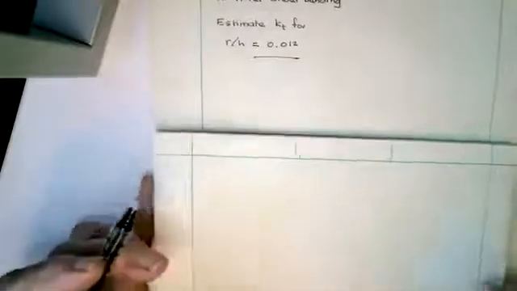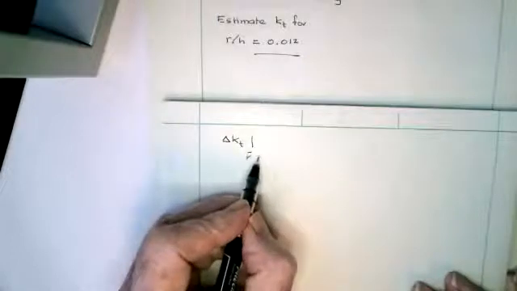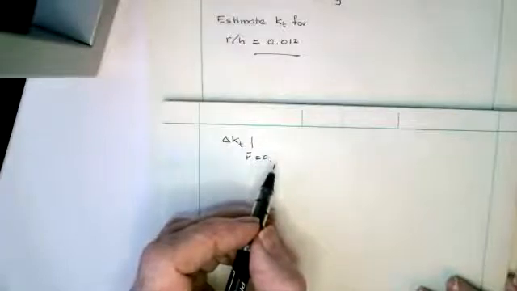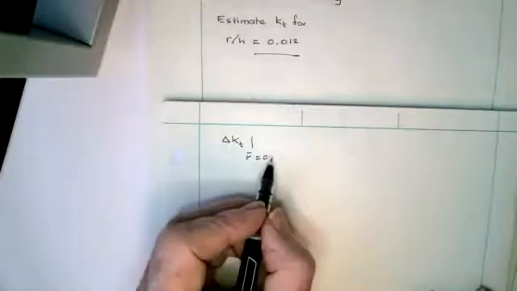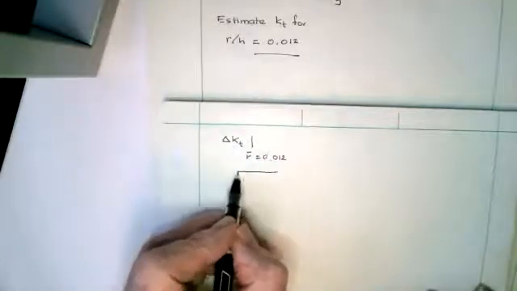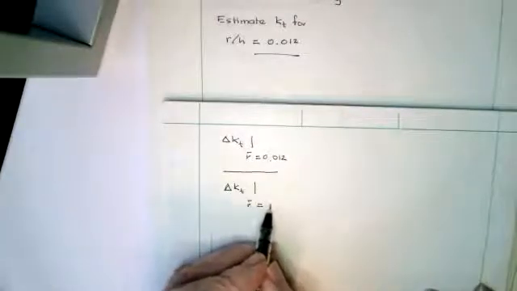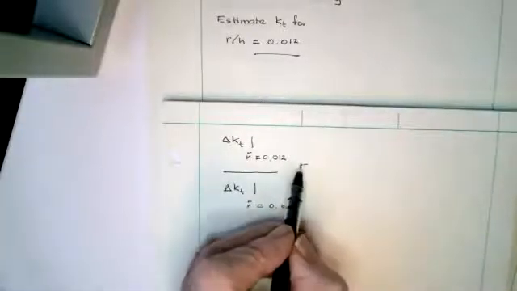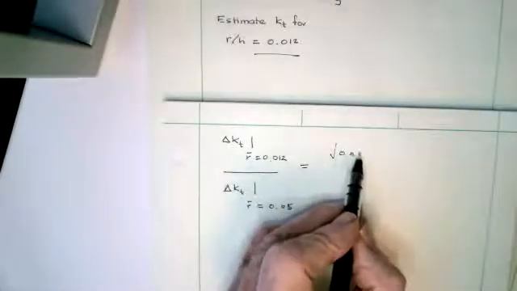So what that means then is that delta KT for R bar equals 0.05 is proportional to one over the square root of 0.05, because it's inverse.